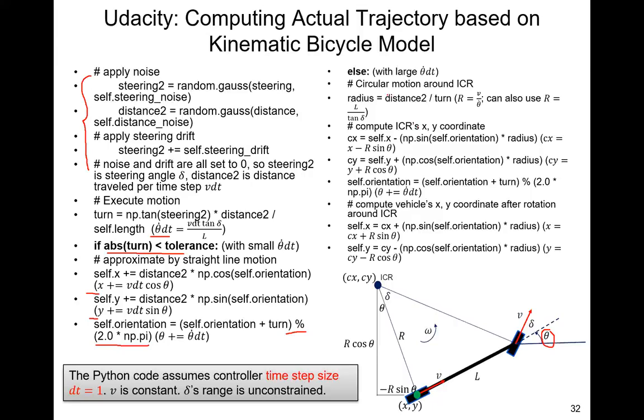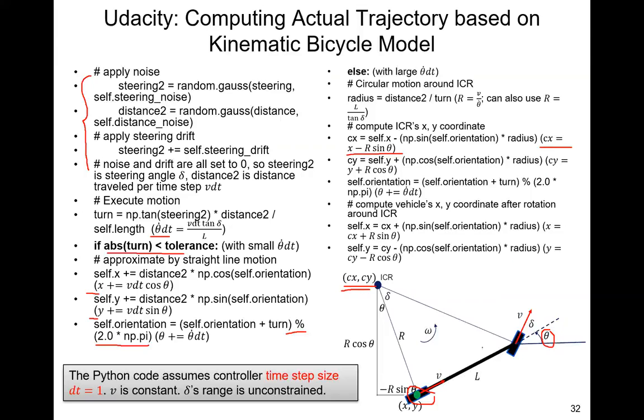So then for the circular motion, the way the computation is done is that first you derive from the rear wheel position x, y the coordinate of the ICR, instantaneous center of rotation, cx and cy, based on this formula here.